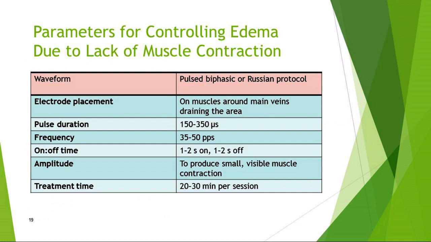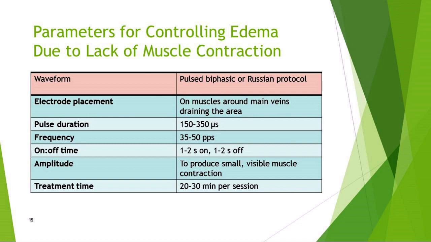So these are the settings. This is from the book, of course. You're going to use pulse, biphasic, or Russian protocol. The electrodes are placed on the areas around the main veins draining the area. Pulse duration is in the motor unit range. Frequency is also in the motor unit range. On-off time, we're going to use a short on-off time: 1 second on, 2 seconds off.